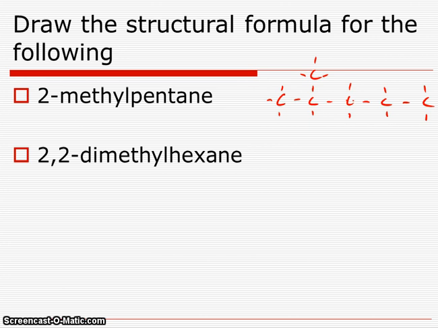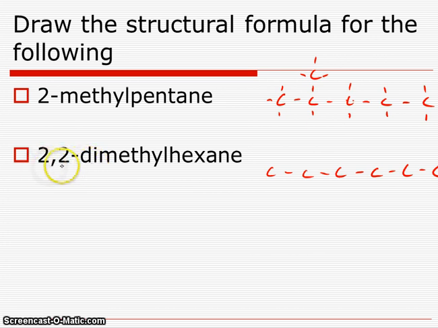Let's say we've got 2,2-dimethylhexane. So we've got a saturated hydrocarbon, so single bonds between the carbons. We've got 6 carbons in the parent. So 1, 2, 3, 4, 5, 6. We've got branches. The branches are methyl branches, so they each contain 1 carbon, and there are 2 methyl branches.